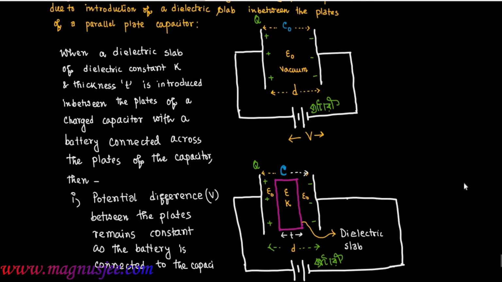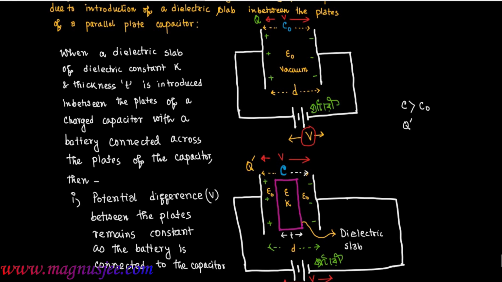V is the terminal voltage of the battery, and similarly V is the potential difference between the two plates of the parallel plate capacitor. That's why the potential difference remains constant.